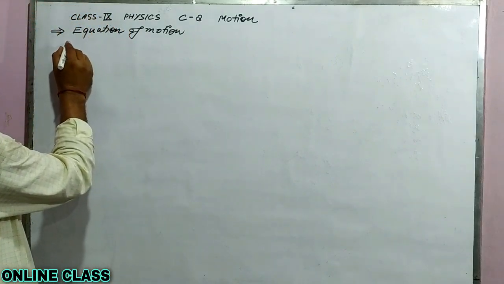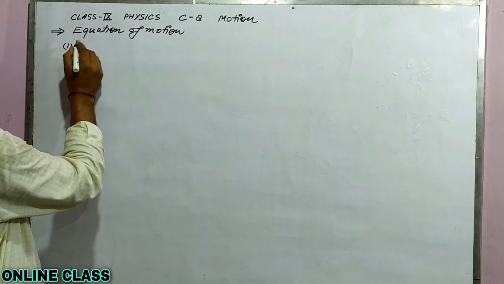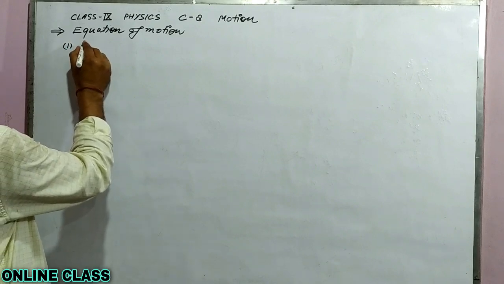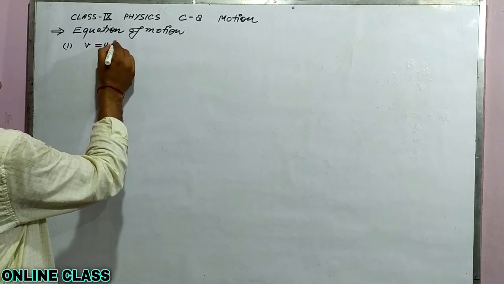There are three equations of motion. First one is v equal to u plus at.